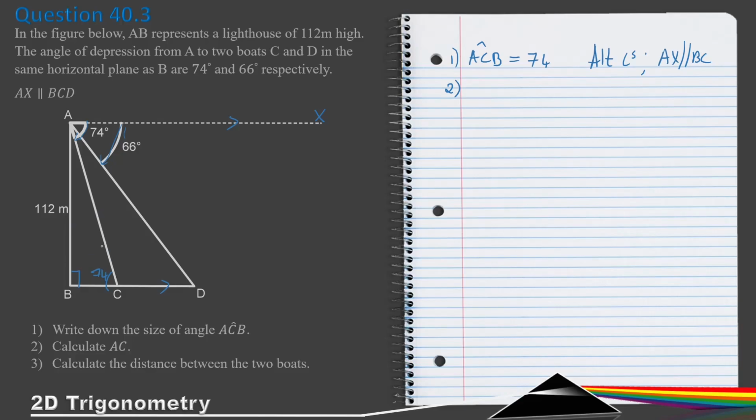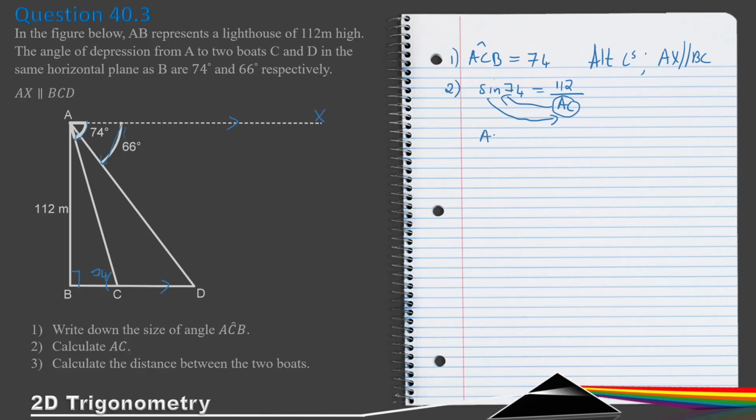So sine of 74 is equal to opposite 112 over the side AC. To solve for AC, we cross multiply and bring the sine of 74 down.